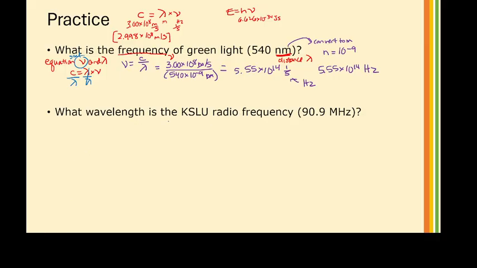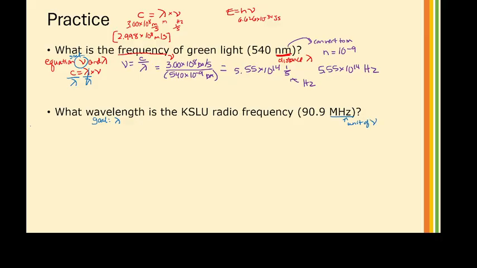What wavelength is KSLU's radio frequency, which is 90.9 megahertz. So it's asking for wavelength. I'm going to stick with our plan of goal. So our goal is wavelength. And I'm given hertz. This is a unit of frequency.